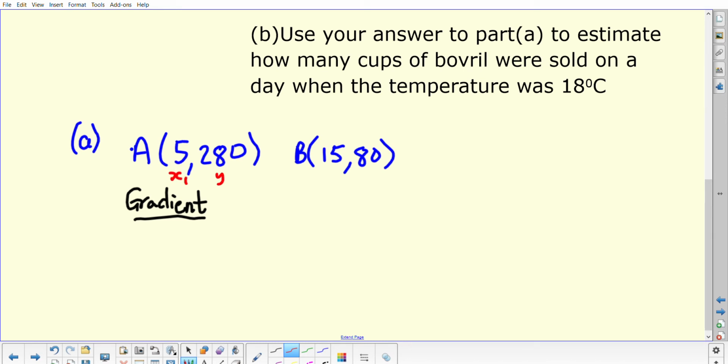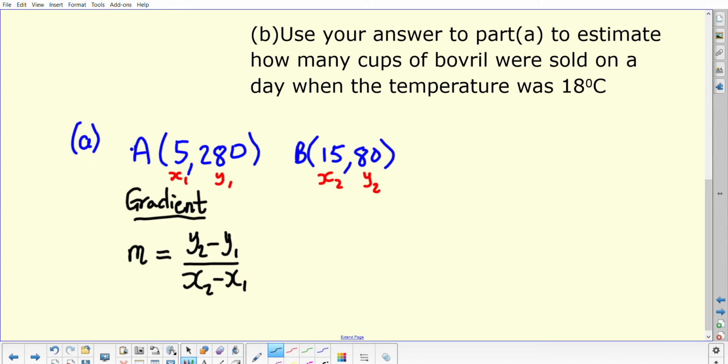I'm going to label my points as always, so that point A is the first point, x1, y1, and then the coordinates for the point B, I'm going to say that's x2, y2. My formula for working out the gradient, we use the letter M, remember, so y2 take away y1 over x2 take away x1.